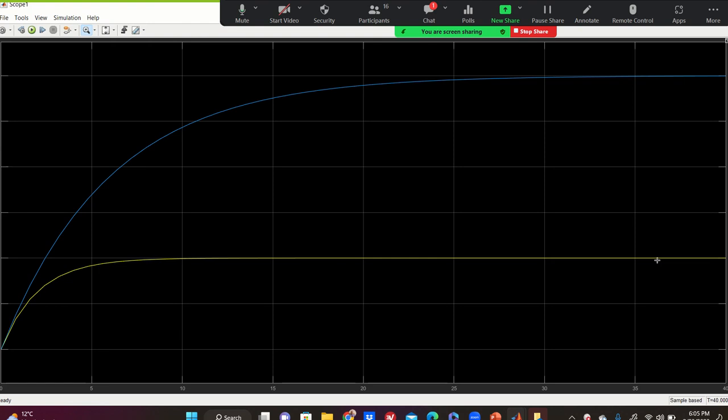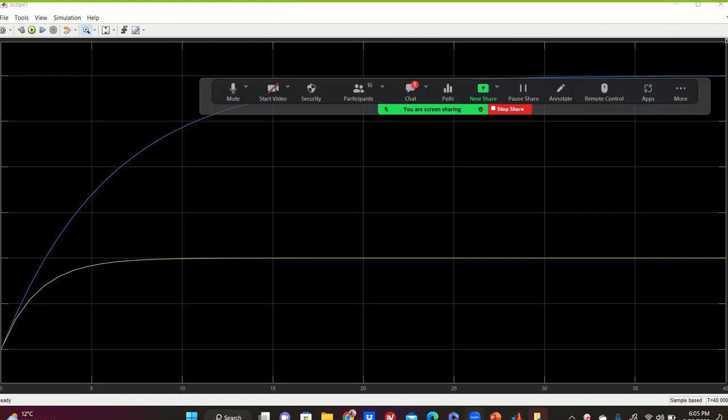So you need the I controller to make this error signal to 0. On the other hand, when you add the I controller, the rest is gonna behave like this. Look at here, my hand. It's gonna go to 0. The same for this. It's gonna come until here and then goes to 0. Clear, guys?